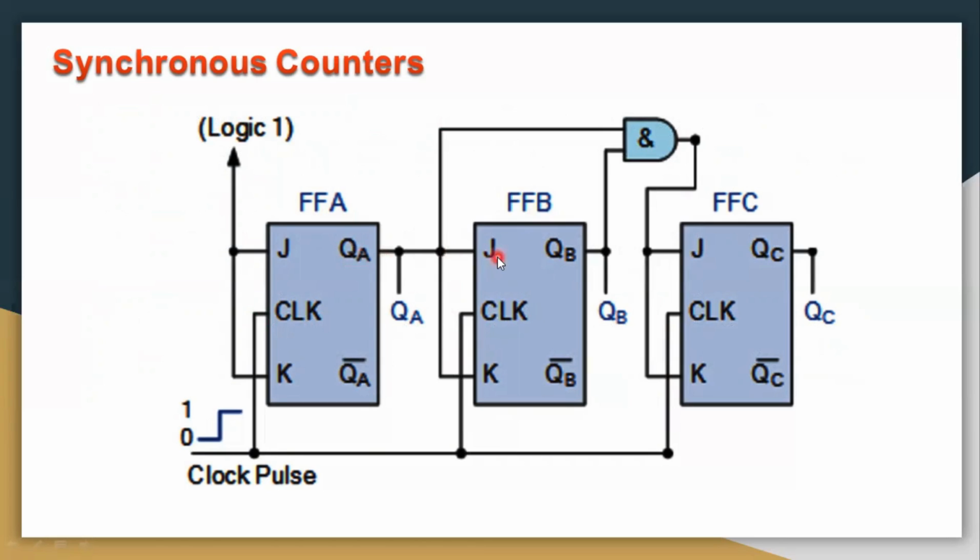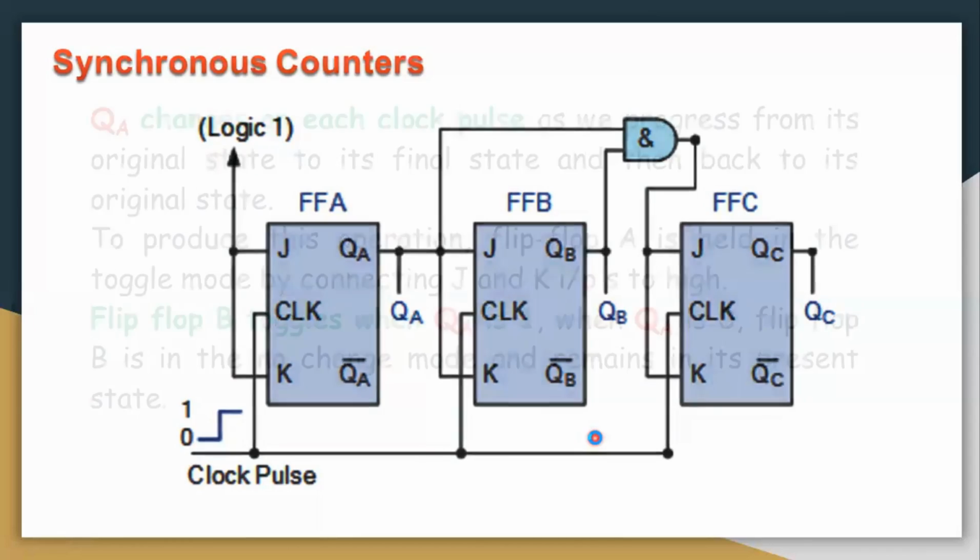Whenever QA is equal to 1, it changes its state. If QA is equal to 0, it retains its state. So, this second flip-flop will work depending on the output of the first flip-flop FFA.